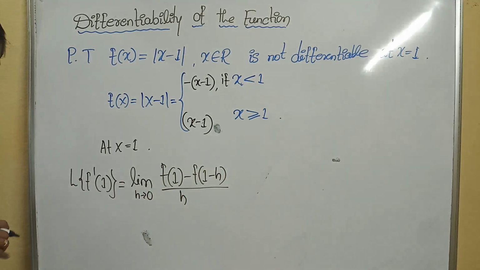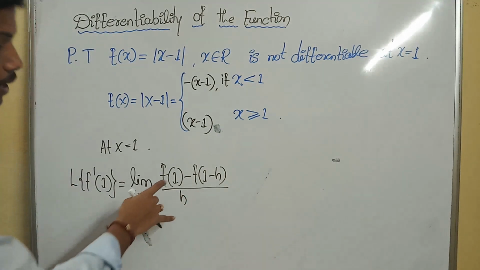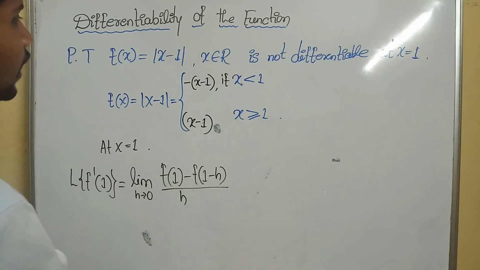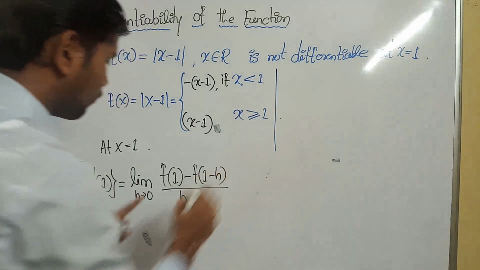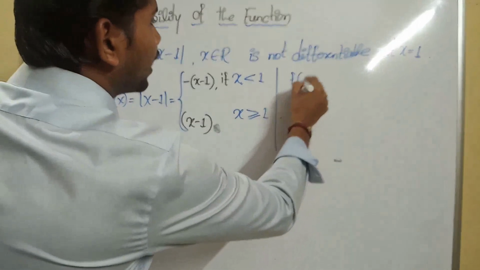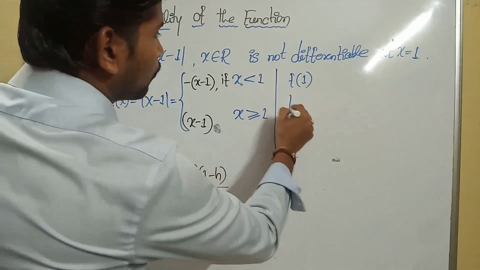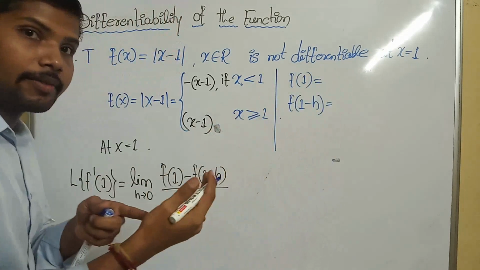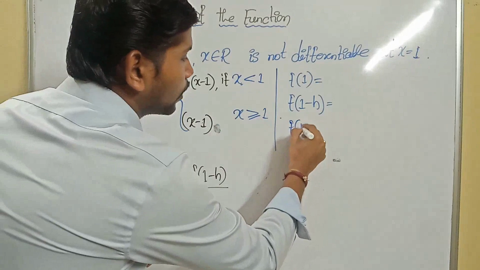Got the point clearly? Now I need to define f of 1 and f of 1 minus h. I need the f of 1 value, the f of 1 minus h value, and for the right hand derivative, I need f of 1 plus h.